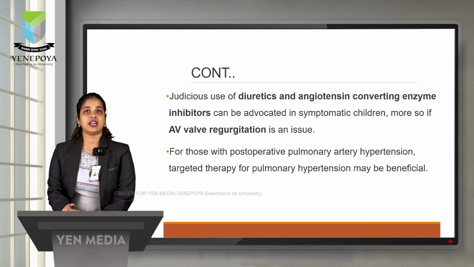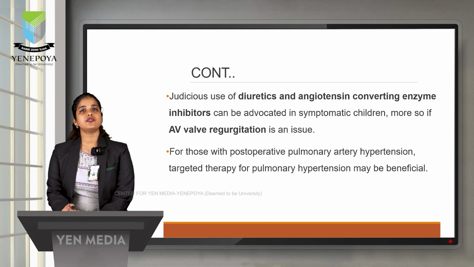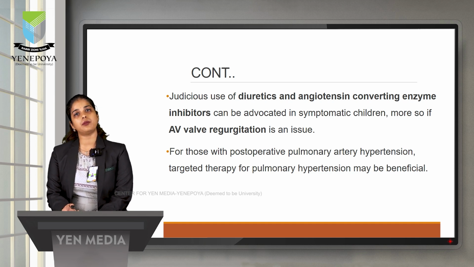Diuretics and angiotensin converting enzyme inhibitors can be advised in symptomatic patients, especially when there is atrioventricular valve regurgitation. For those with post-operative pulmonary artery hypertension, targeted therapy for pulmonary hypertension may be beneficial.